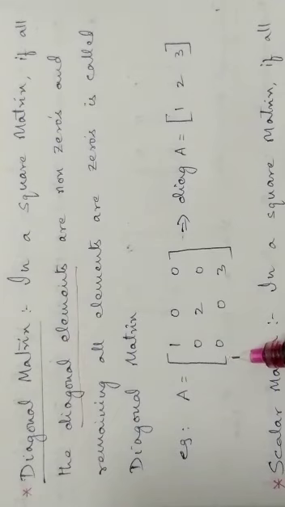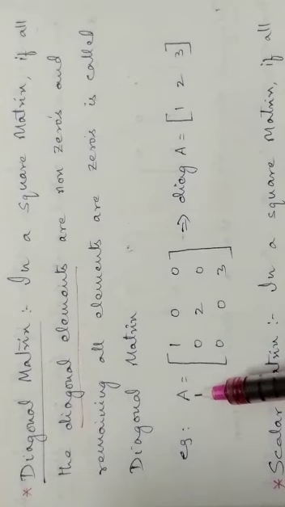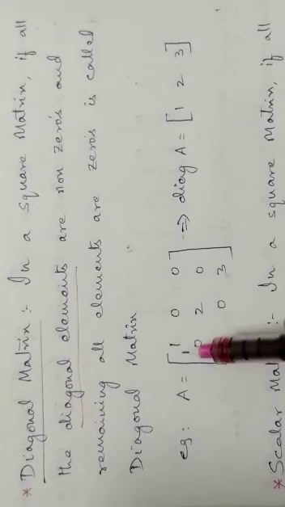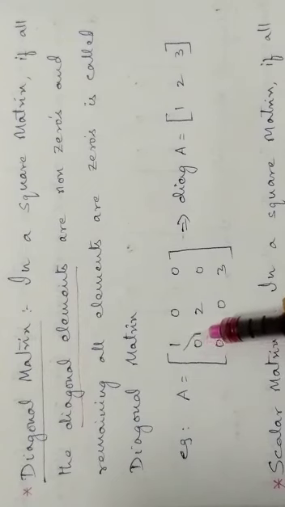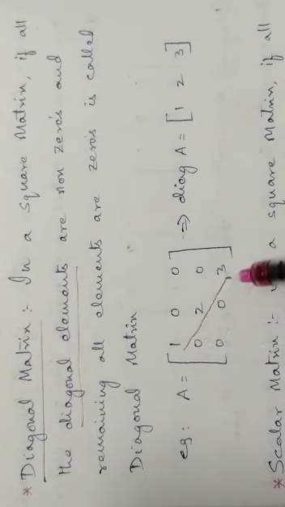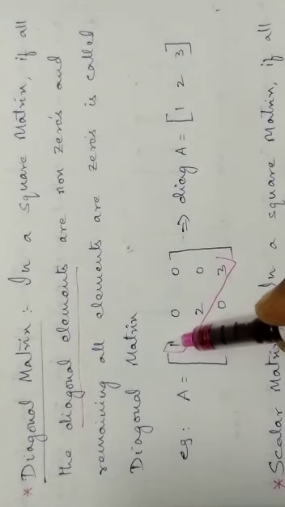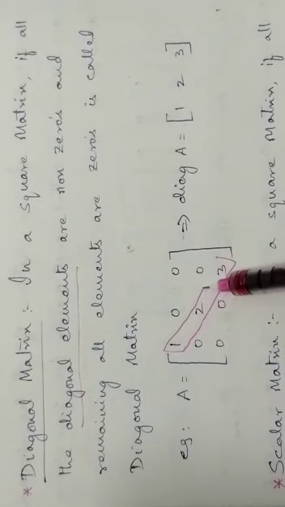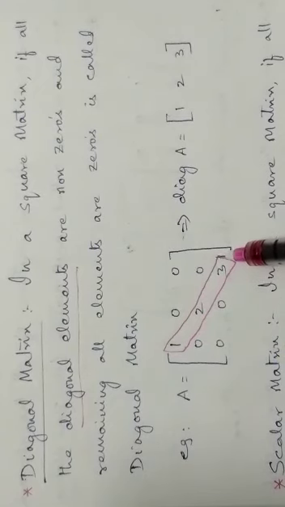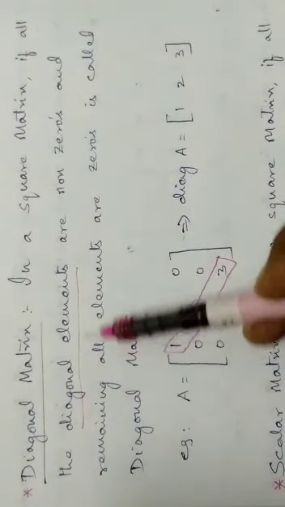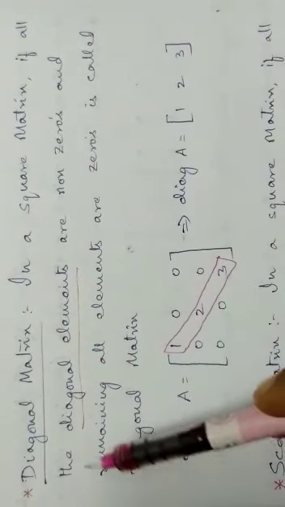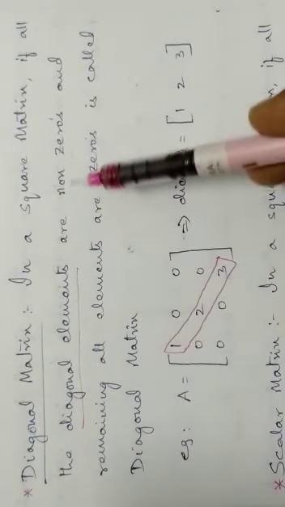Let us discuss with an example. I have taken a square matrix named as A. These are the diagonal elements. All the diagonal elements are non-zeros.